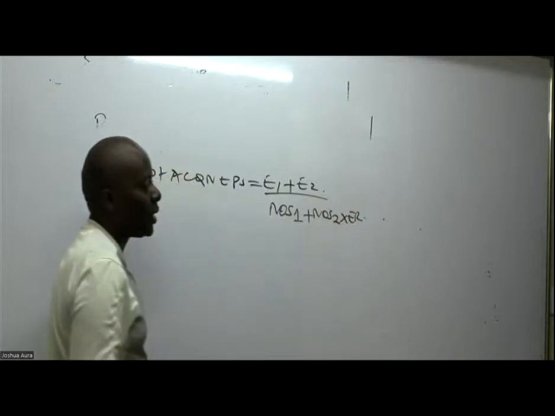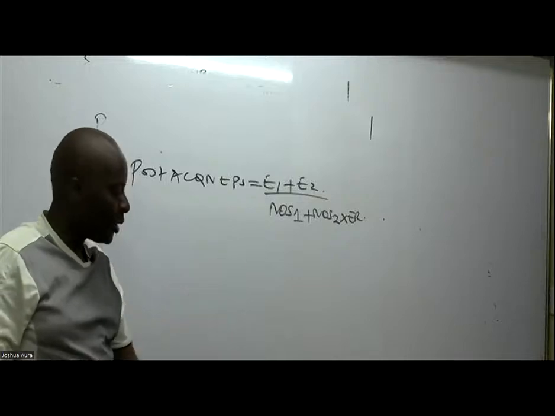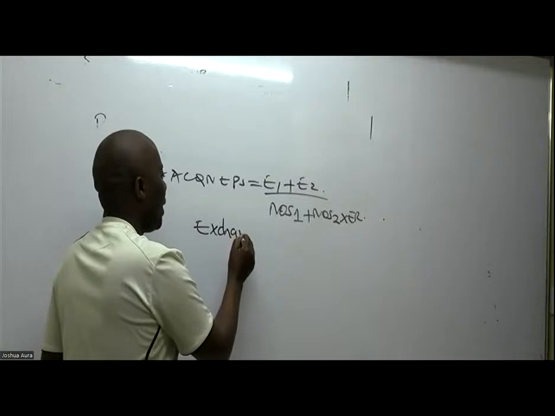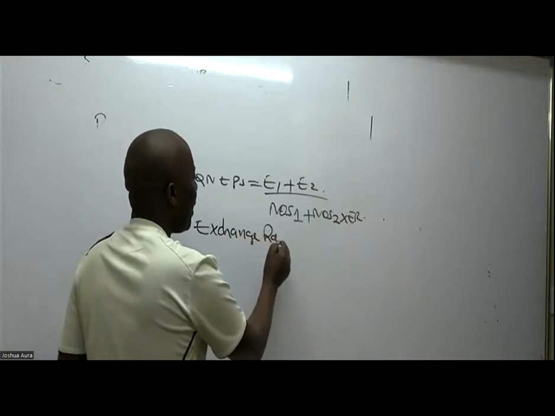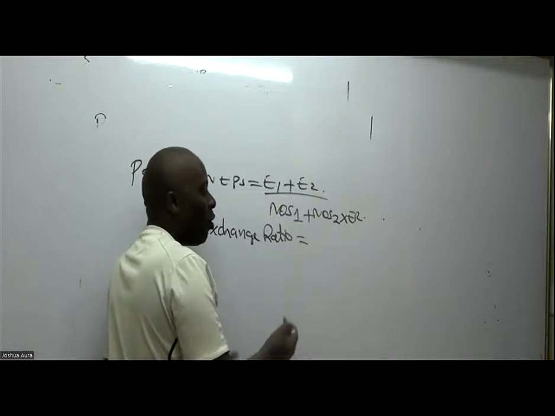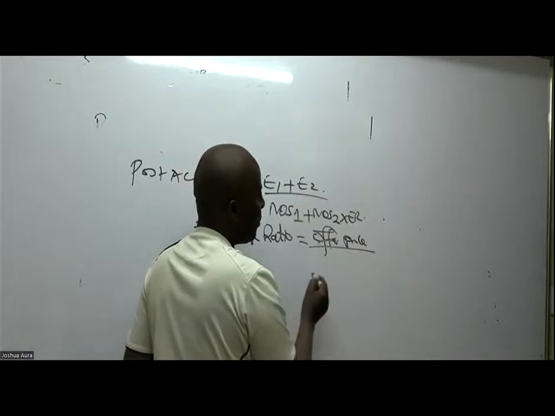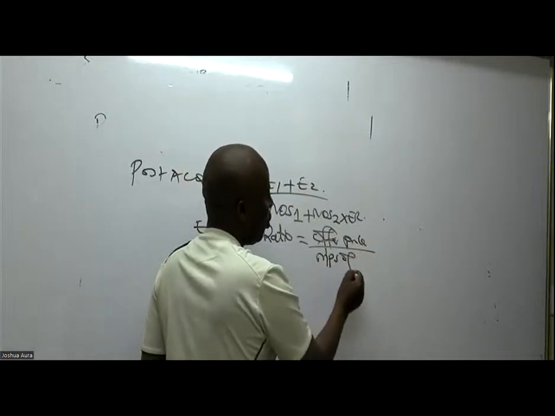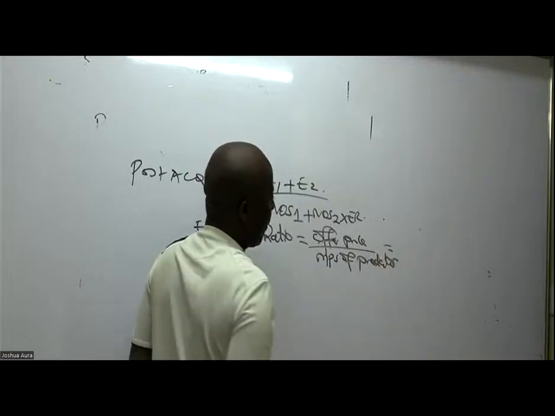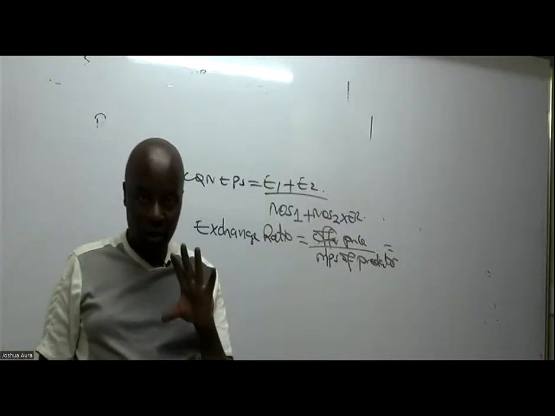If I'm the one doing this, first of all, I will come here and put down the exchange ratio. This time, remember, this is not the maximum one. This is the normal one. They've given me an offer price. So I will take the offer price and divide this by MPS of the predator. Remember, there are two types of exchange ratios.